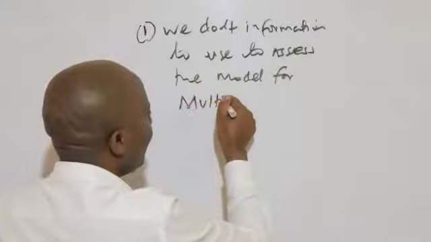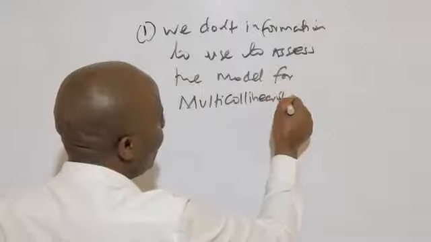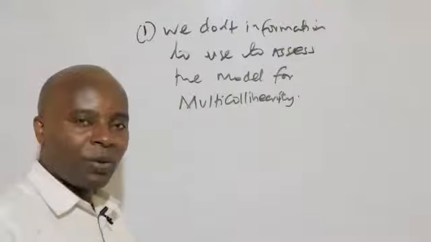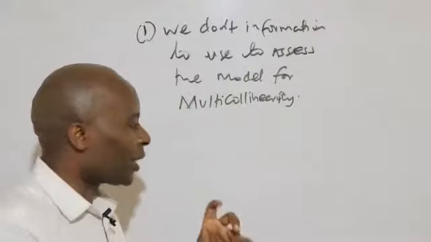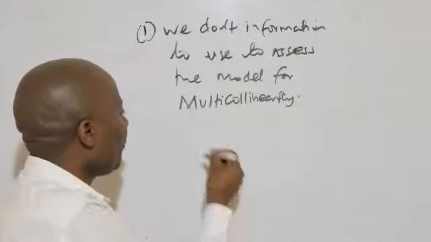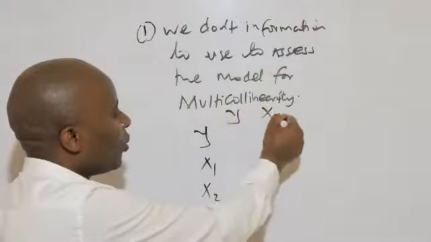Multicollinearity. So we don't have, ladies and gentlemen, what we call the correlation matrix, which we should be able to use. You see, we have Y, X1, X2.